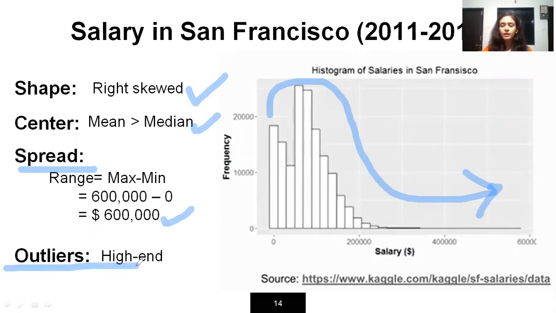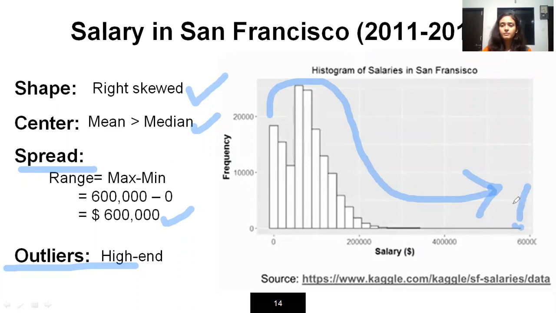Now I am talking about the outliers. Outliers are data points which are away from the other data points. These are my general data points, and my average is maximum over here. Suppose there is one data point, not visible over here because it is only one point, where one person has a salary of around $600,000.